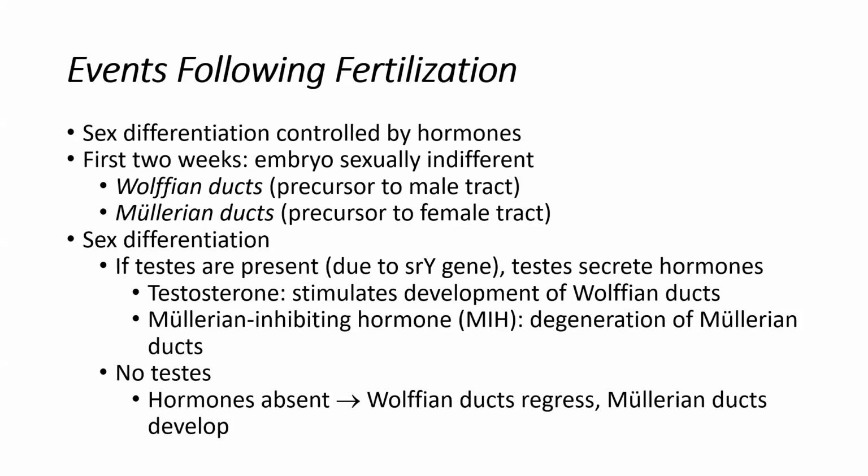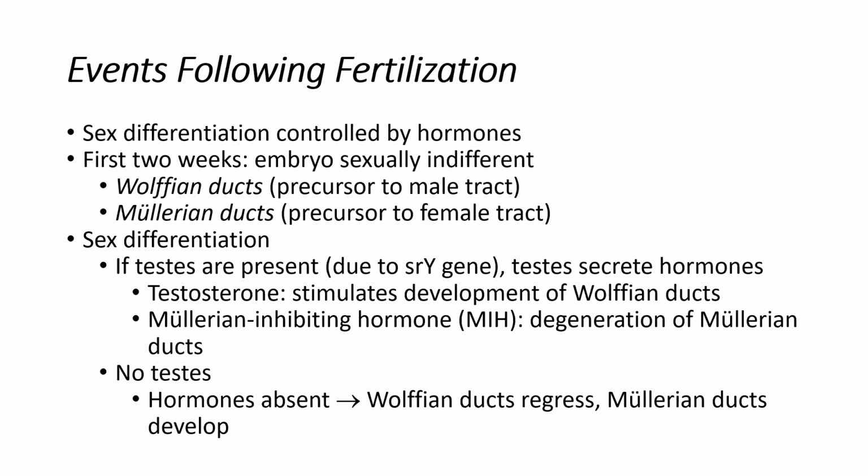The testes that begin to develop are going to secrete testosterone along with Mullerian inhibiting hormone, or MIH, and those two hormones together will facilitate the development of the Wolffian duct as well as the degeneration of the Mullerian duct.